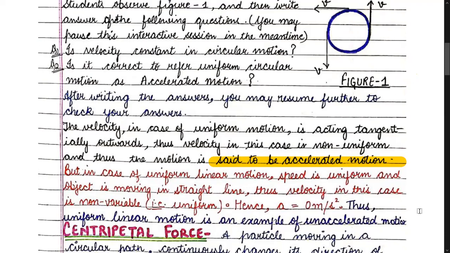But children, in uniform linear motion, speed is uniform and the object is moving in a straight path.